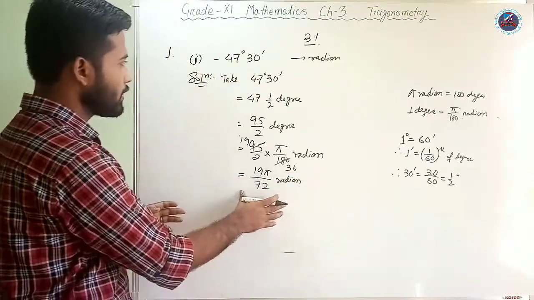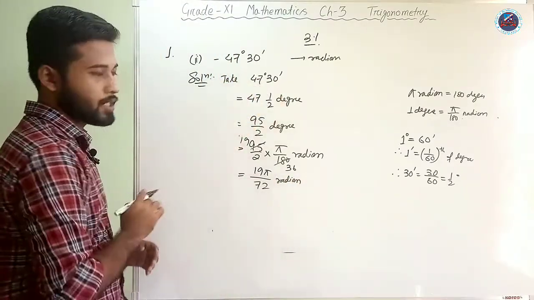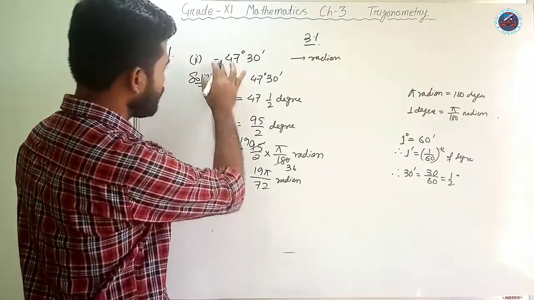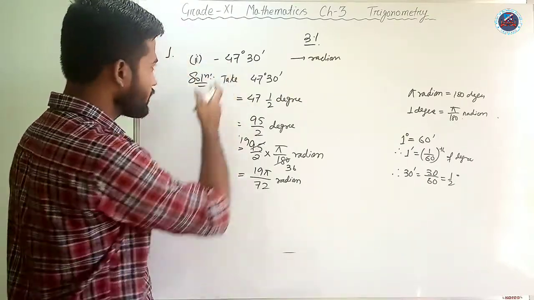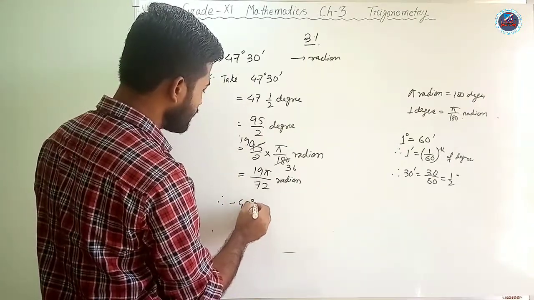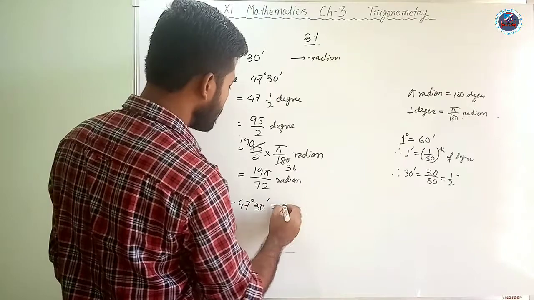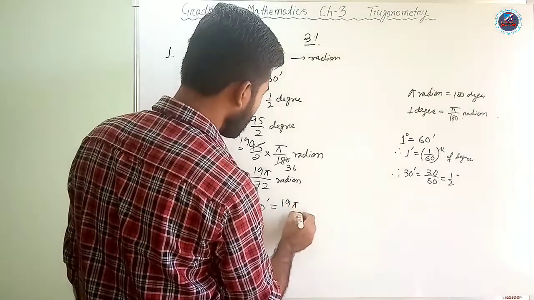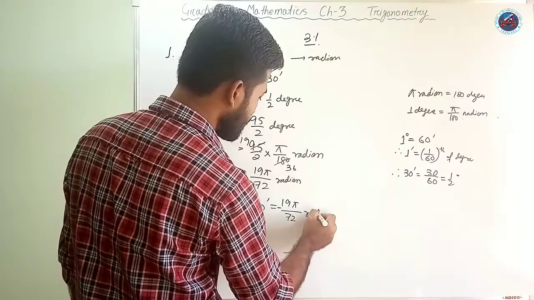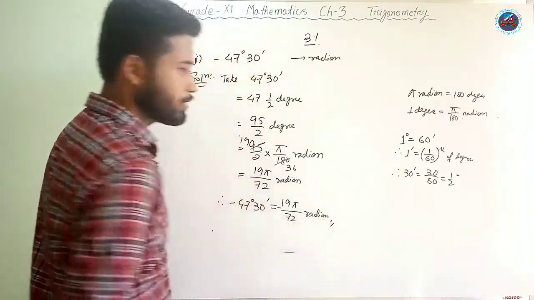So this is the conversion that we have got for 47 degree 30 minute. Now, our question consisted of a minus, isn't it? So therefore minus 47 degree and 30 minute is equal to minus 19 pi by 72 radian. So that is our answer.